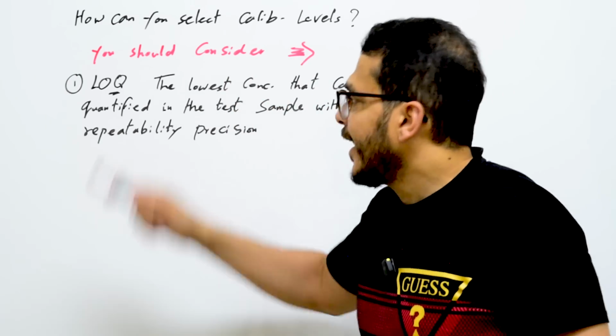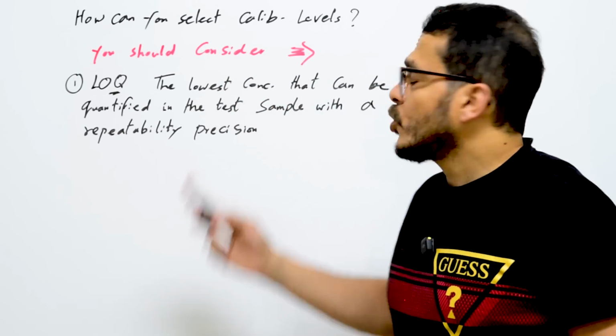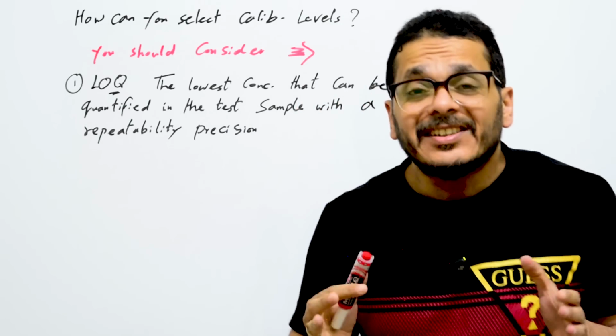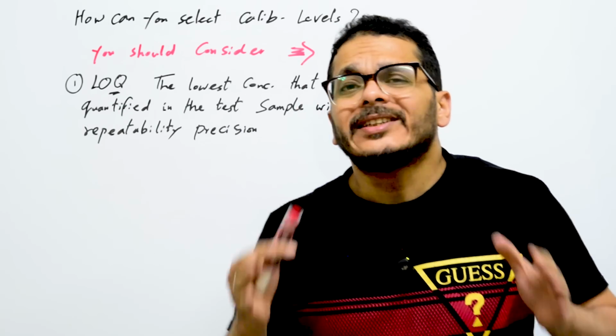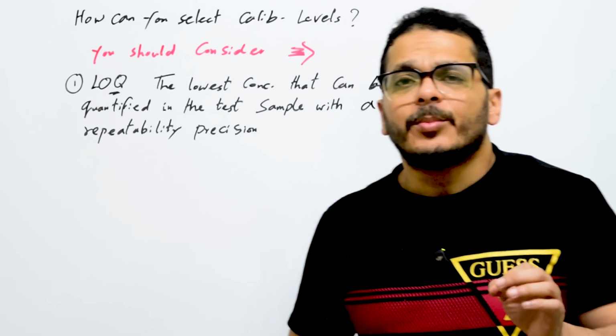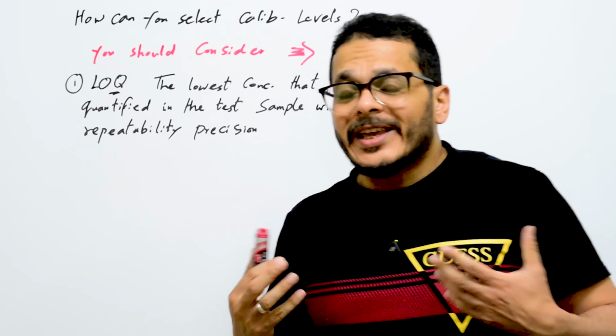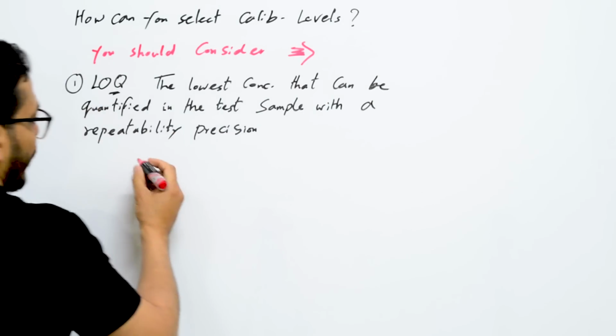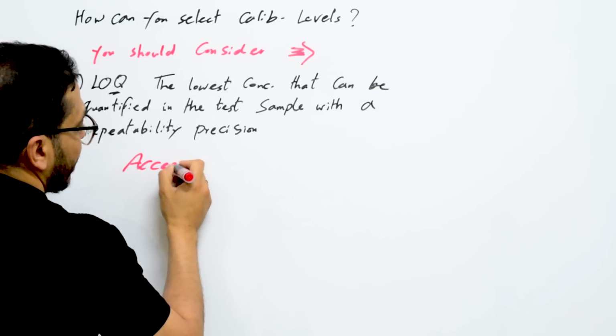First point is LOQ. LOQ is the lowest concentration that can be quantified, not detected, quantified in the test sample with a repeatability precision, or we can say with accepted performance.